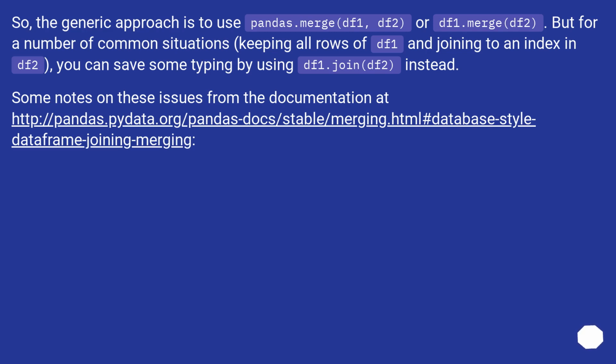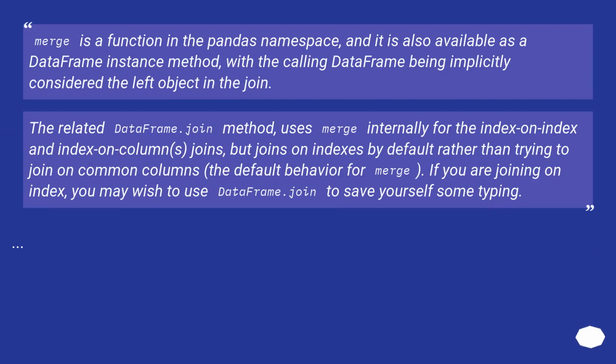Some notes on these issues from the documentation at this URL. Merge is a function in the pandas namespace, and it is also available as a DataFrame instance method, with the calling DataFrame being implicitly considered the left object in the join.